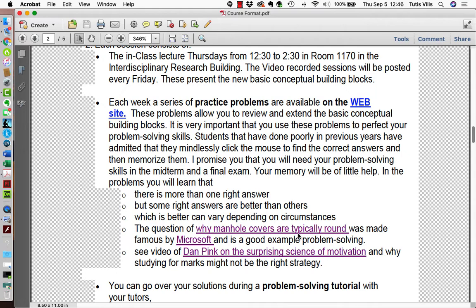I know marks are important for you, very important, but also try to enjoy the problem-solving process, because that could be enjoyable. People motivated by intrinsic benefits, like solving the problem, are better at solving than those motivated by external rewards, like money.